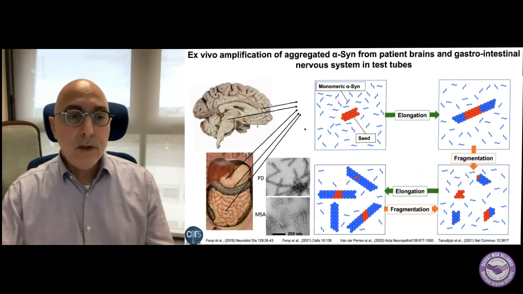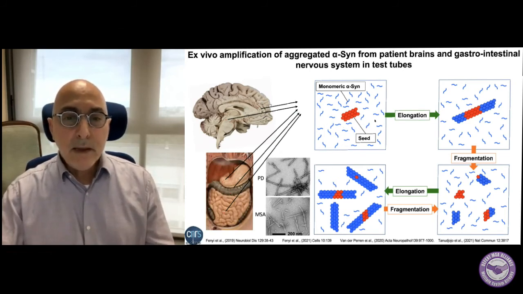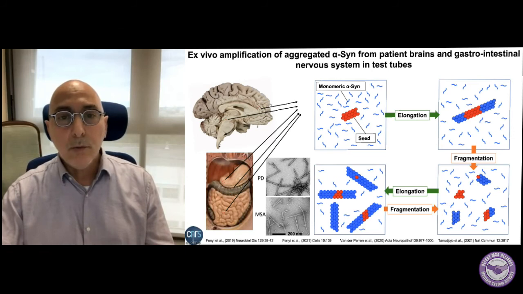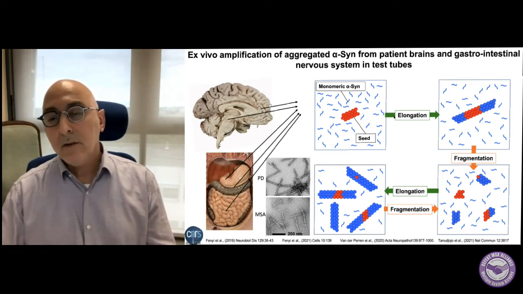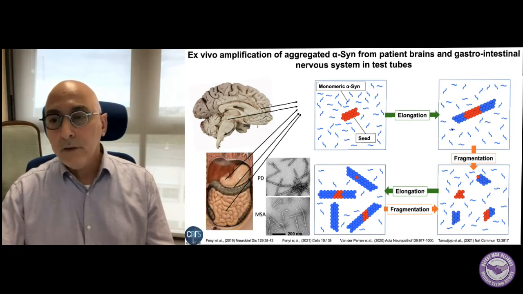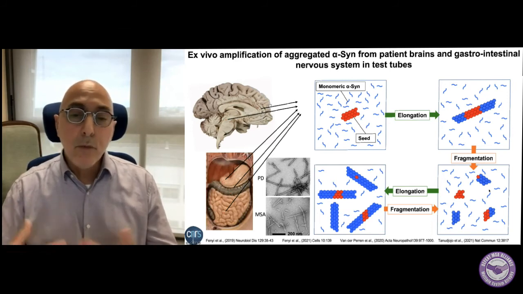And we use these homogenate because they contain seeds, aggregated alpha-synuclein. We supplement these homogenate with monomeric alpha-synuclein, and then we perform successive cycles of elongation and fragmentation. And through these cycles, we amplify, we recruit more and more monomeric alpha-synuclein.